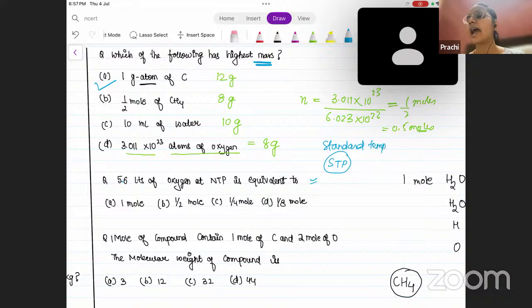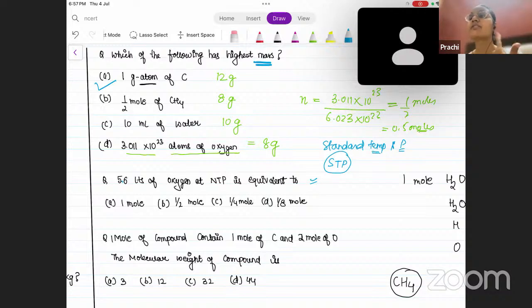Here pressure will be 1 atmosphere and temperature will be 273 Kelvin, whereas NTP is normal temperature and pressure, and normal temperature is taken as 25 degree Celsius, which you can then convert into Kelvin. So NTP is normal temperature and pressure and STP is standard temperature and pressure. Here pressure in both cases will be 1 atmosphere, and for standard temperature we will have 0 degree Celsius.